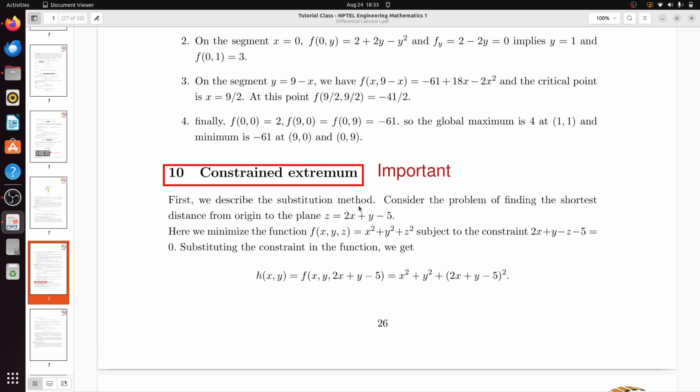Sorry, sir, I didn't get it. Okay, you just need to determine z now. You have z equal to 2x plus 2y minus 5.